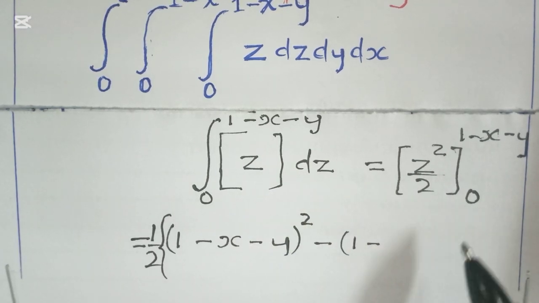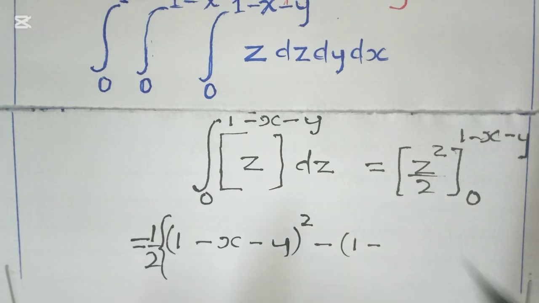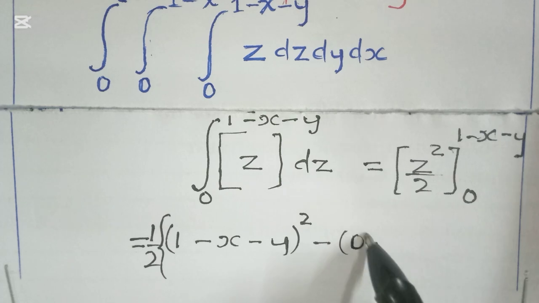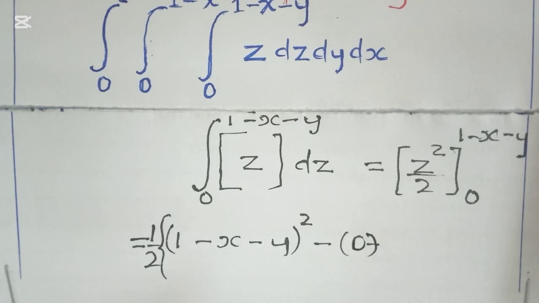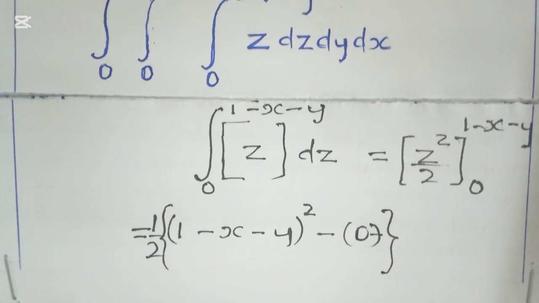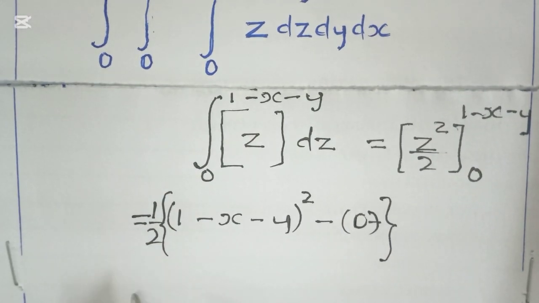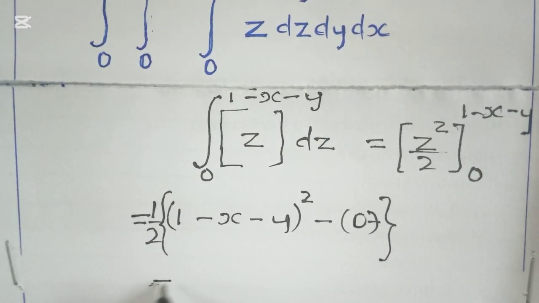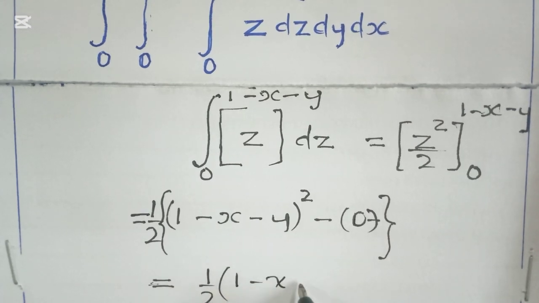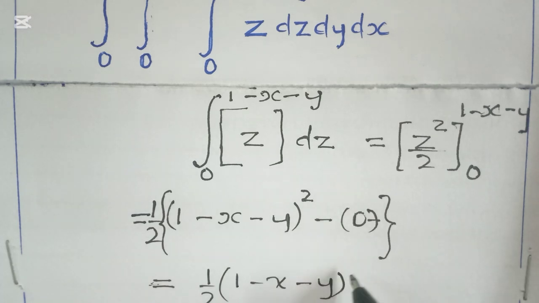When we put 0 for z here, this one is just going to be 0. And so guys, our solution then is going to be a half of 1 minus x minus y squared.